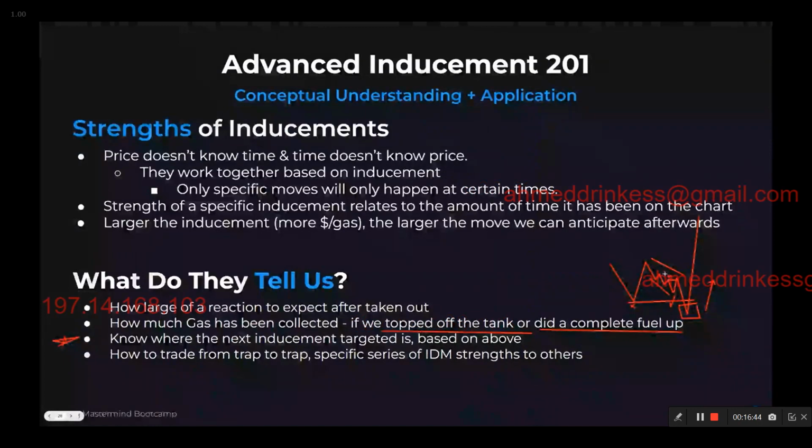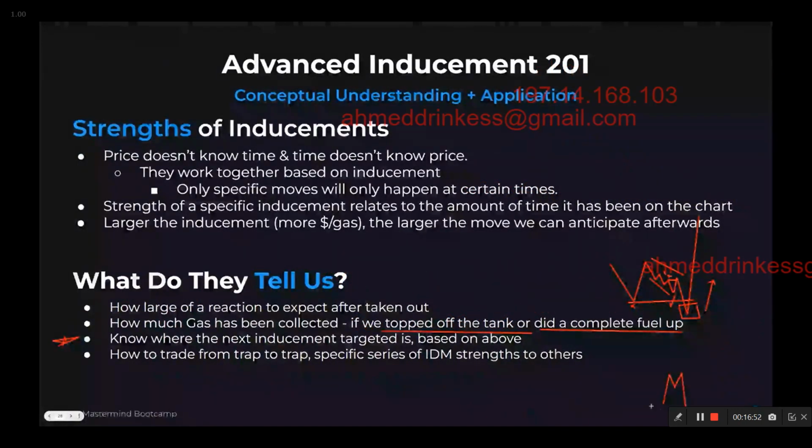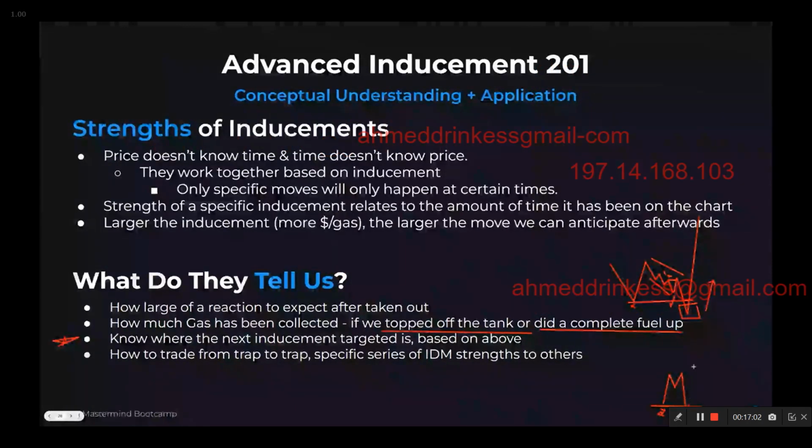And two, if price has already reached our destination, if price has already reached those monthly lows, then it tells you that we are now fueling up the entire tank because we are on empty, and now we can expect a huge move in the opposite direction.